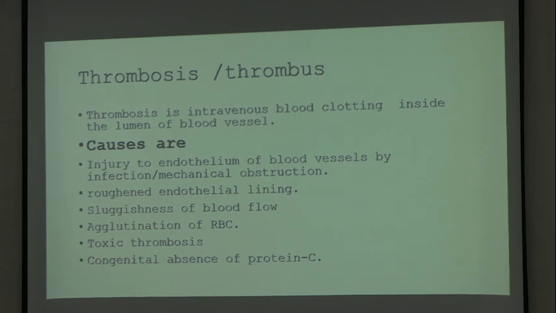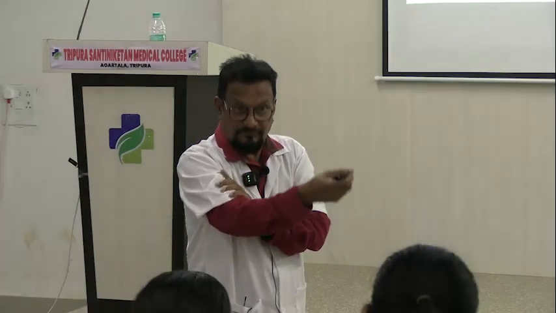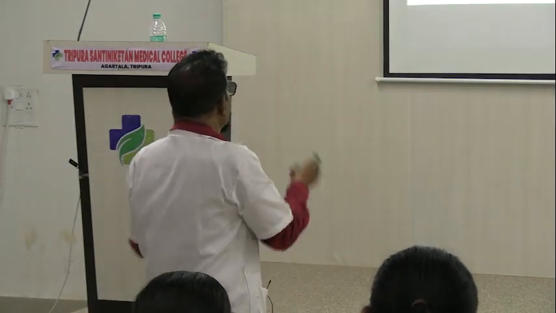Thrombosis, thrombus: formation of a clot inside the blood vessel, within the lumen of the blood vessel, with no injury. Why does it happen? Injury of the endothelium by infection or by mechanical causes, as I said, like obstruction by a blood pressure cuff, and roughened endothelial lining, as it happens in atherosclerosis, deposition of lipid in the innermost layer.